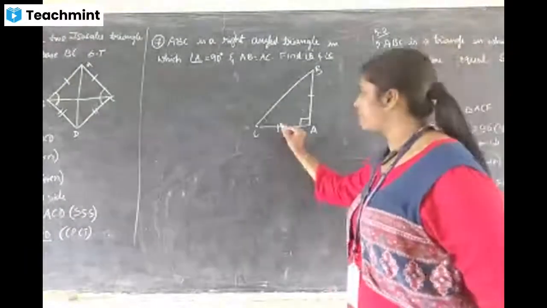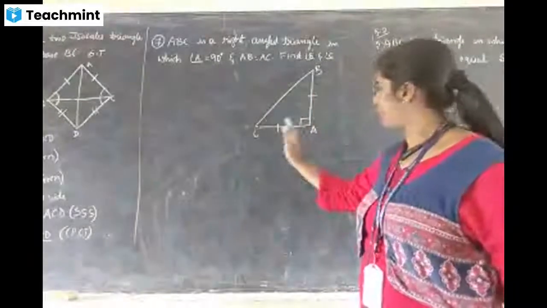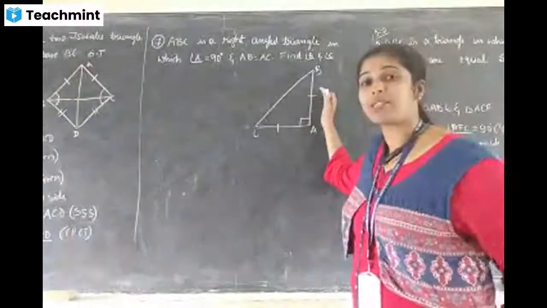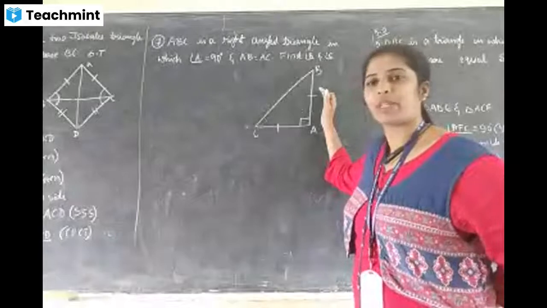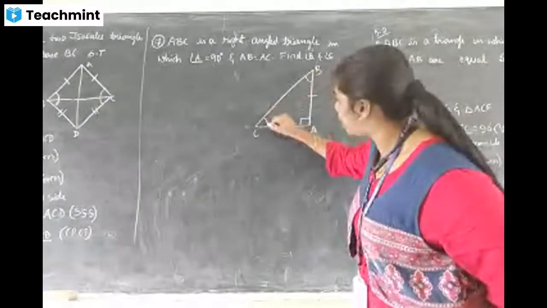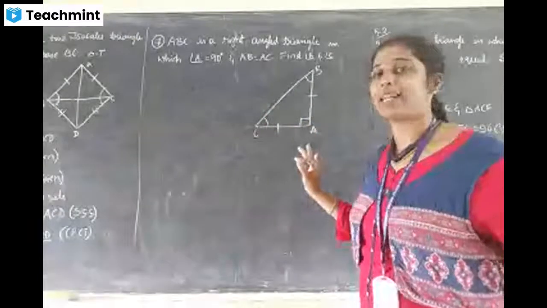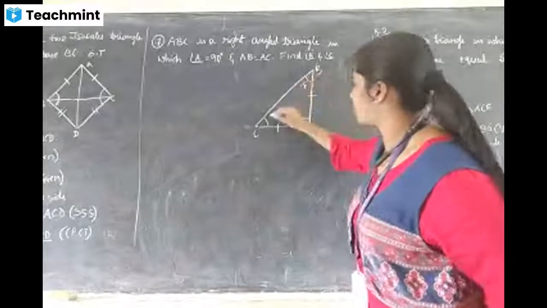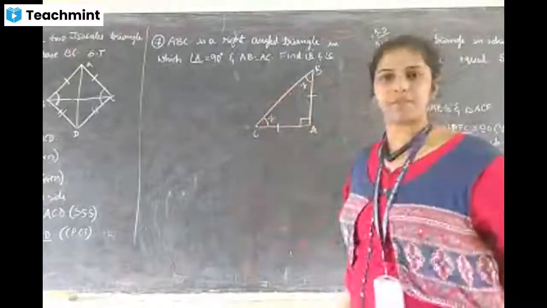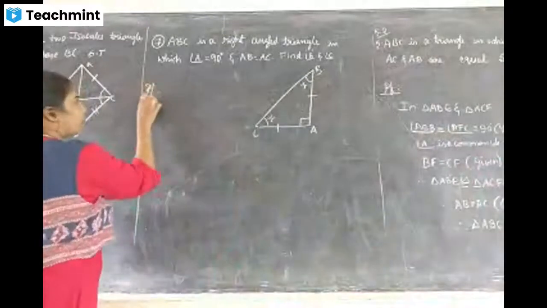So, when they are saying this and this sides are equal, this becomes an isosceles triangle also. When two sides are equal, the corresponding base angles are equal here, isn't it? So I will take these two base angles as some unknown, x. Okay? So, how to write? Proof.